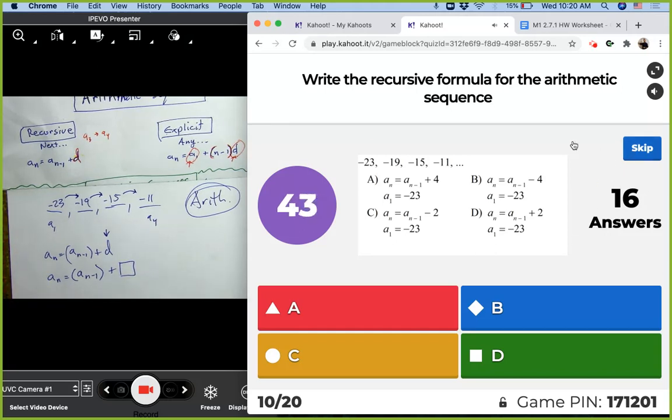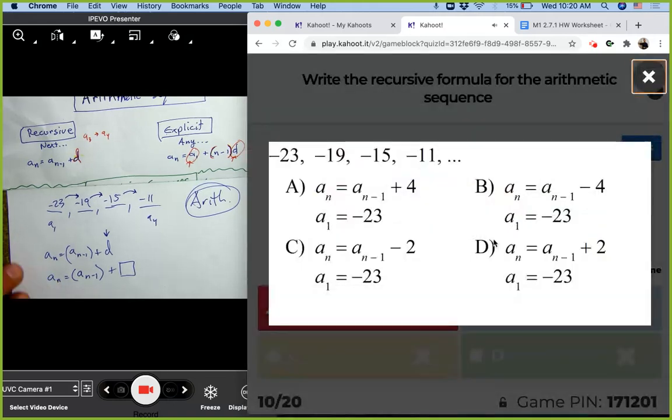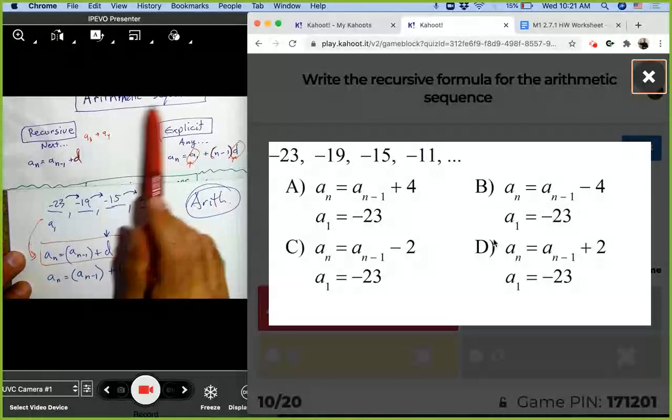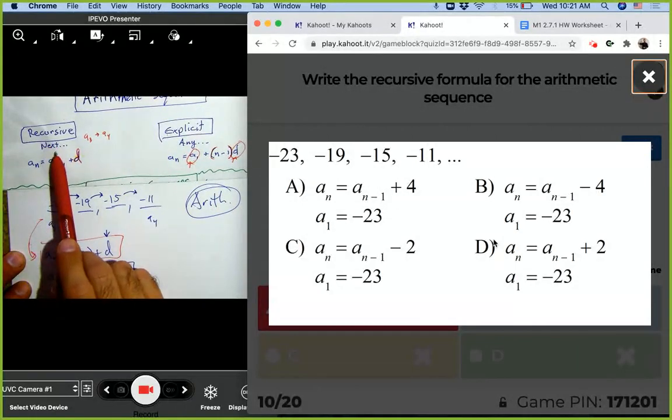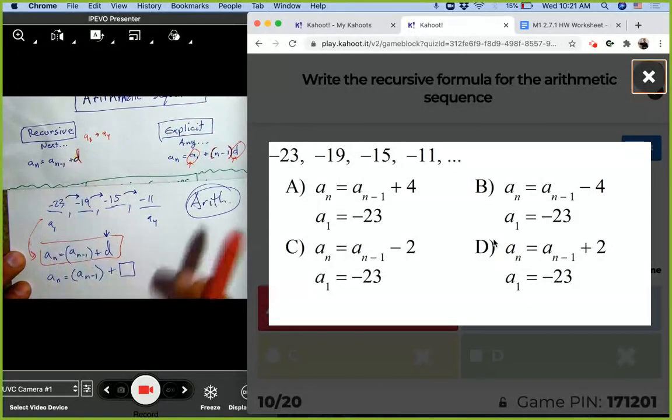All right. So looking at this, pretty good, pretty good. We had negative 23, negative 19, negative 15, negative 11. We know that we're going to be creating a recursive formula from that information. We're also told it's arithmetic. So I look at my formulas here. Recursive to find the next term is a sub n is equal to the prior term plus the common difference.